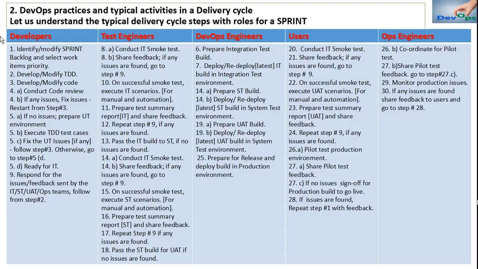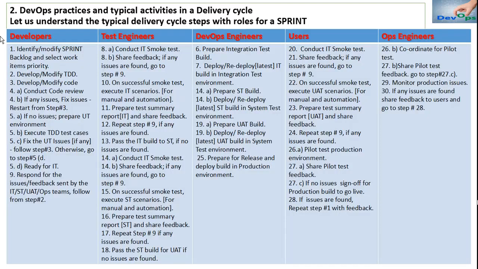Later, once the code review is successful, they go for unit test environment preparation. Then they execute the TDD test cases, and they fix any issues found during unit testing, and code modification will happen. From number 3 onwards, it will be repeating all the tasks.